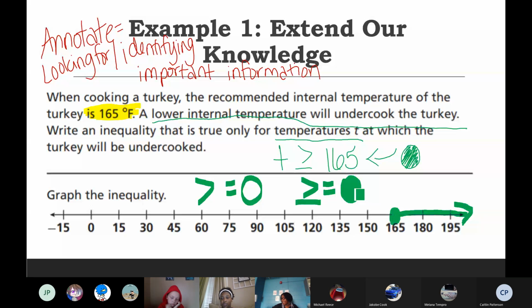It's going to be in your textbook assignment today. Okay, so let's look at example 2.